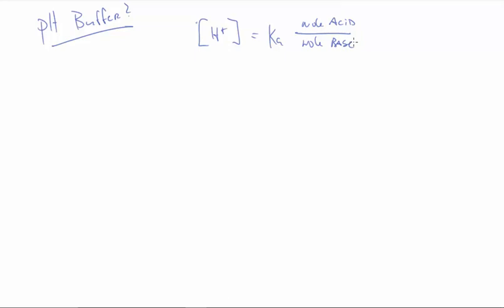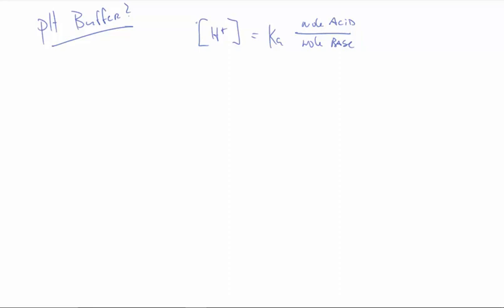Okay? All right, so here we go. In this particular case, you understand that if it's a buffer system, I've got both acid and base present in the buffer so it can neutralize any invading acid or base. So in other words, if I have an acid and a base present in my solution, I understand that 1 mole of acid neutralizes 1 mole of base, right, but these are conjugate pairs, so they're not going to neutralize each other.